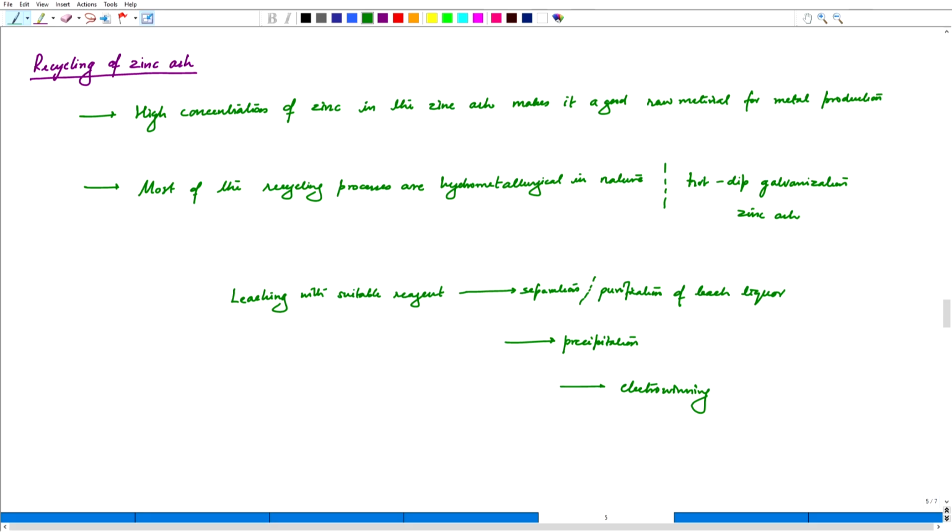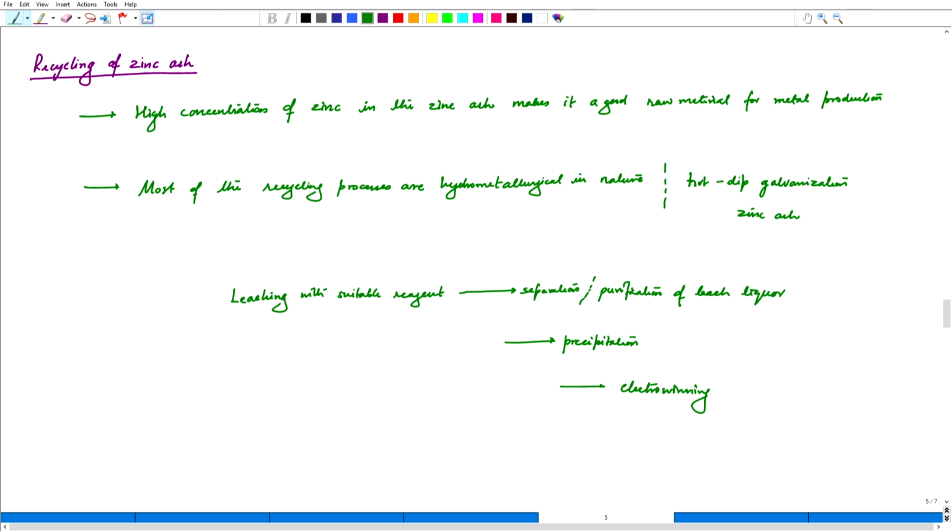And we have also seen the important elements that are present in zinc ash, the important phases that are present in zinc ash, which basically, apart from zinc metal and zinc oxide, it can be zinc chloride hydroxides. And we know that these phases are important raw materials for extraction of zinc.